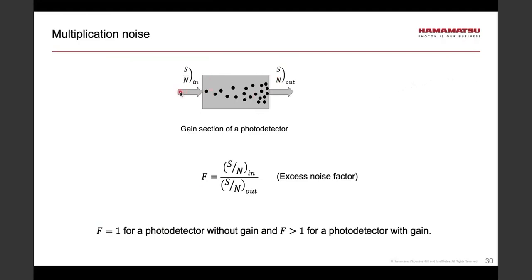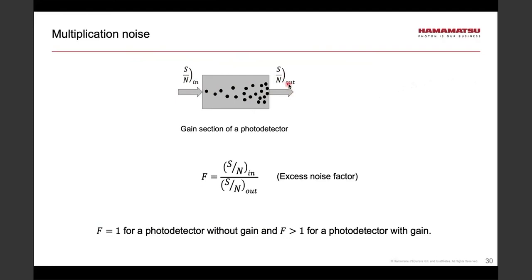So let's just think I have some input current. This input current has some input signal to noise ratio. Let's call it Sn in. Multiplication arises here, and therefore current now flows out after it's been amplified. And therefore this output current has some signal to noise out, Sn out.